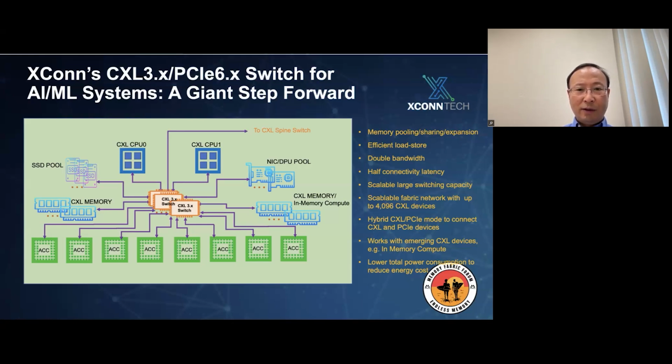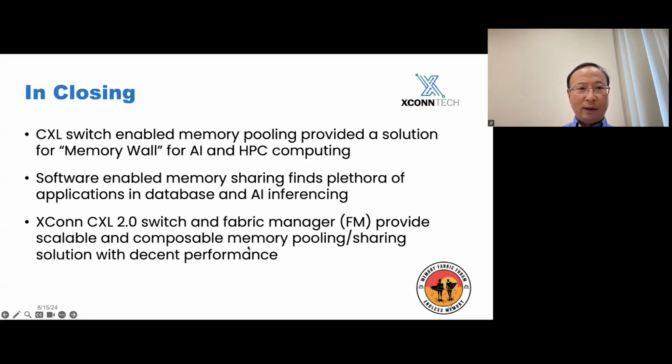That is my last slide. So in closing, the CXL switch enables memory pooling, and it already provides a solution to the memory wall issue. This solution can also be deployed to AI computing as well as the traditional HPC and data center computing world.